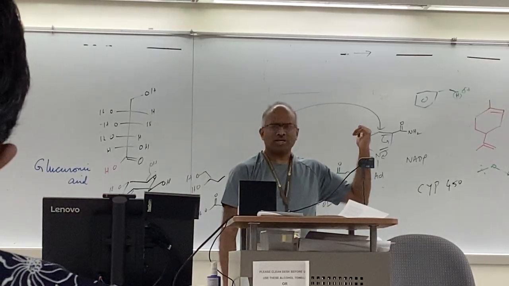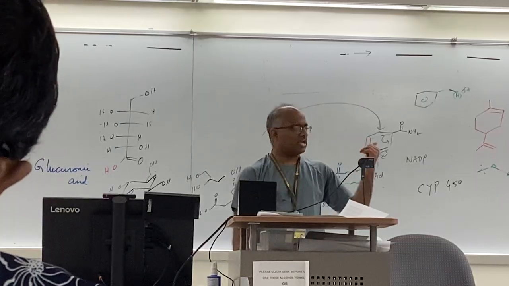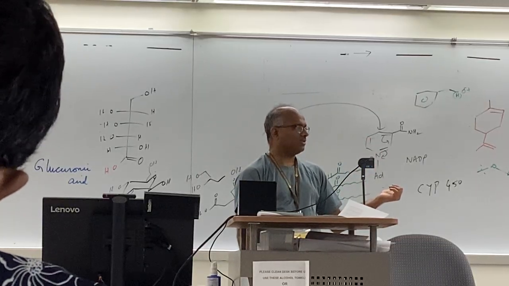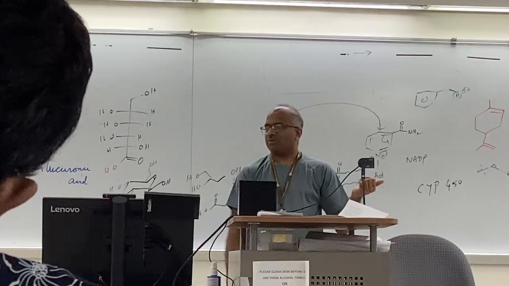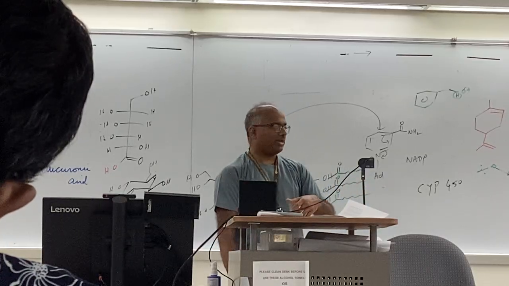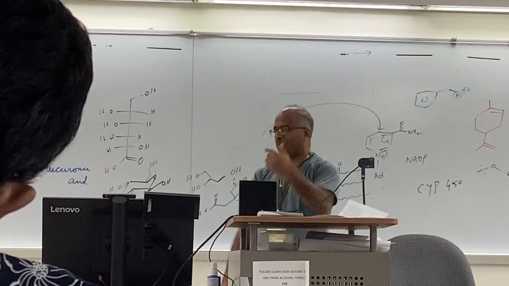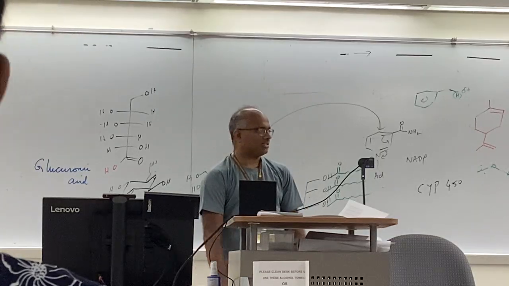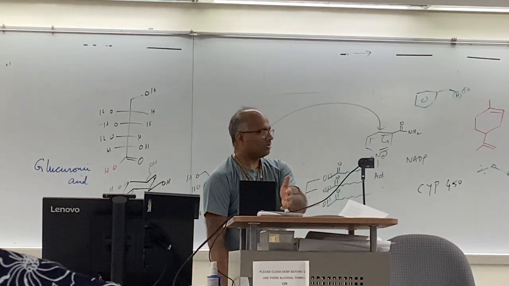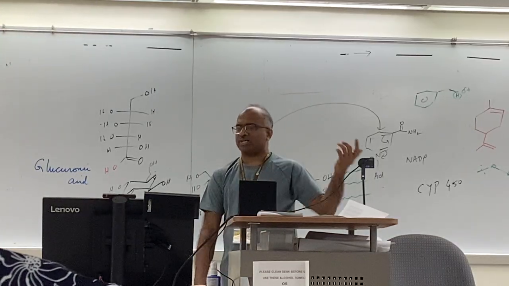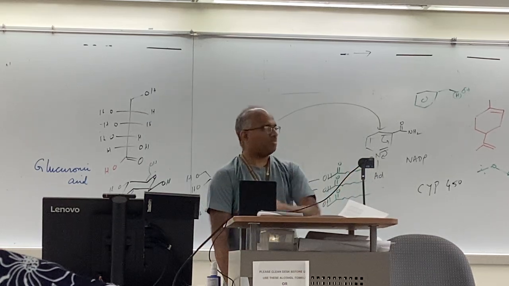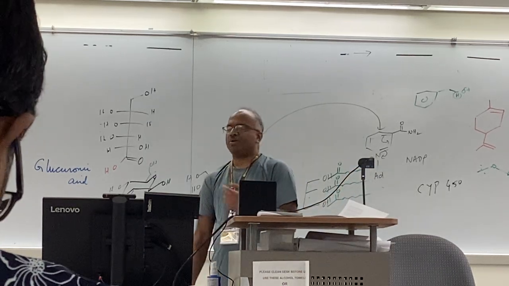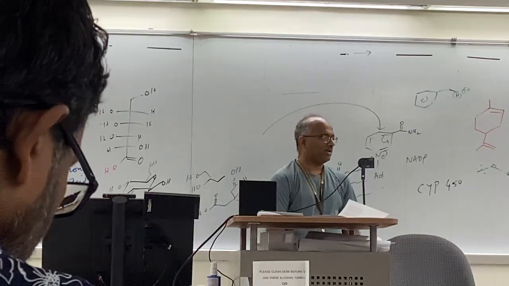So we talked about this, for example, MTX. Did we say MTX is an anti-metabolite? What is an anti-metabolite? Something that prevents the formation of metabolites. THF, for example, is a metabolite of folic acid. MTX prevents the formation of that metabolite, so MTX would be considered an anti-metabolite.